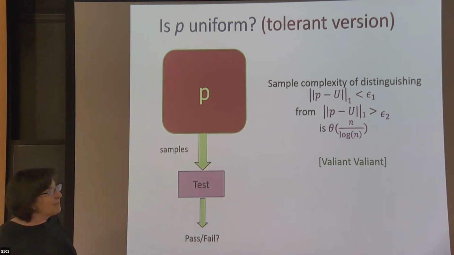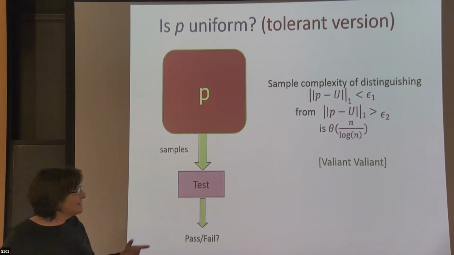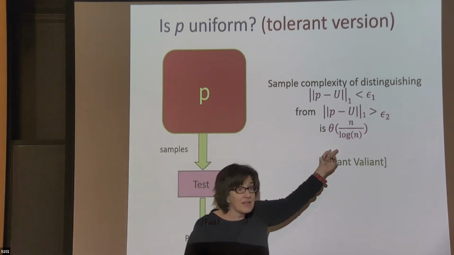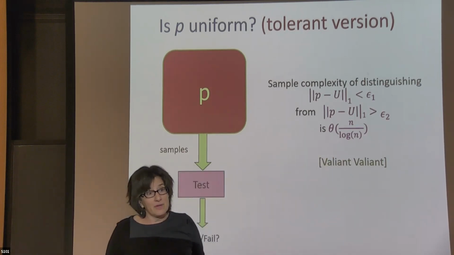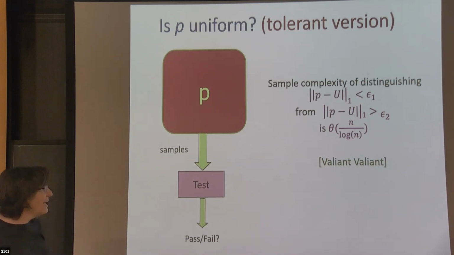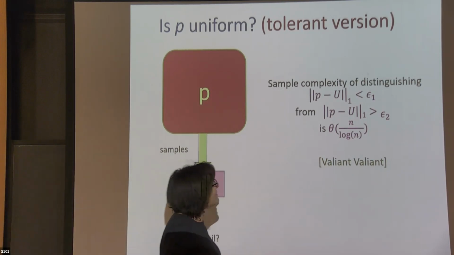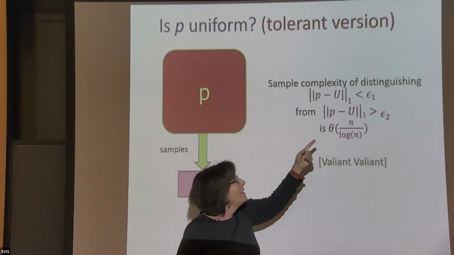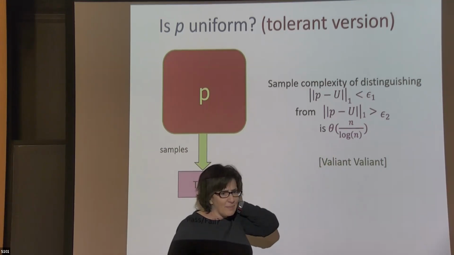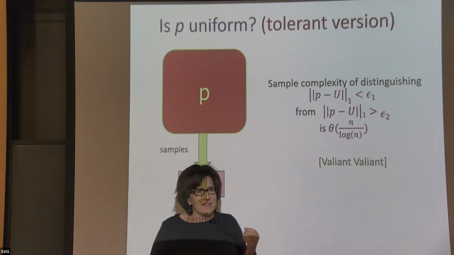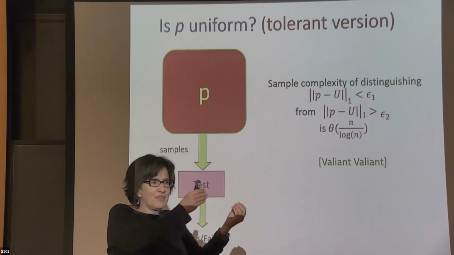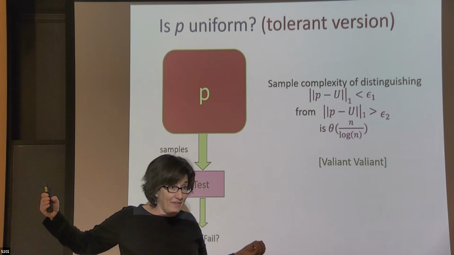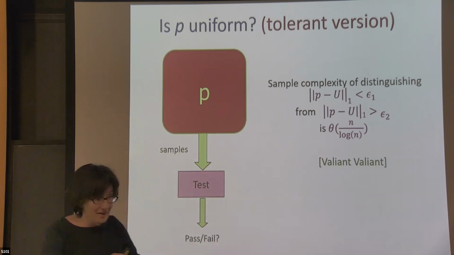And this problem is already theta of n over log n, still sublinear, but it's not root n anymore. And it's actually really bad. For a slightly weaker bound, at least, you can show that even distinguishing epsilon-close from 1 minus epsilon-far needs n over log n. So it's terrible.